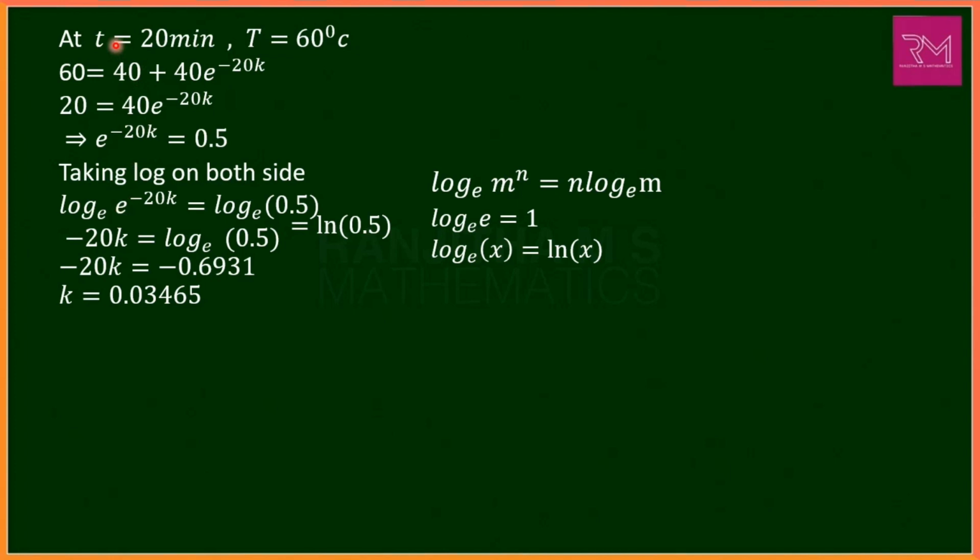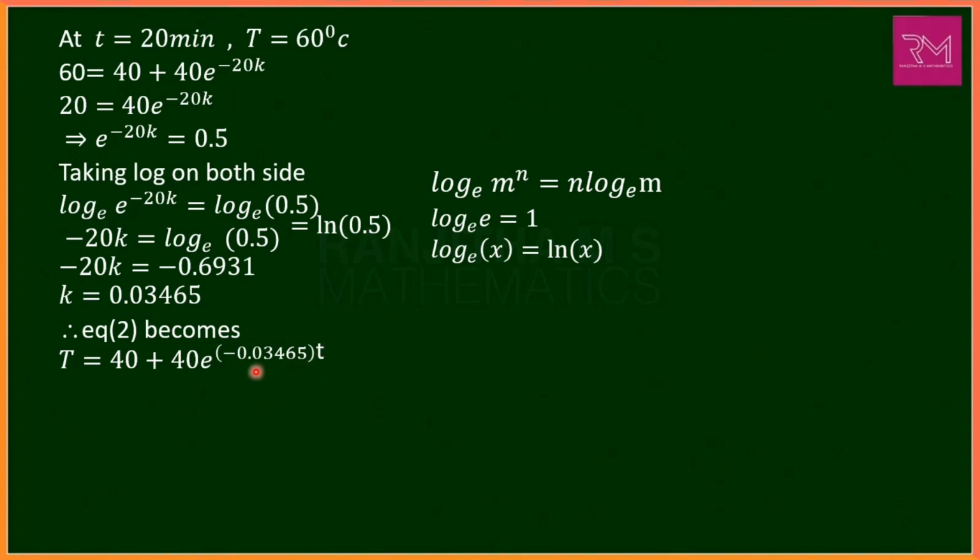Once we substitute the second data value, that is t is equal to 20 minutes, T value becomes 60 degrees Celsius, in equation 2, we get a value of k. Once we obtain k value and lambda value, substitute in equation 2.